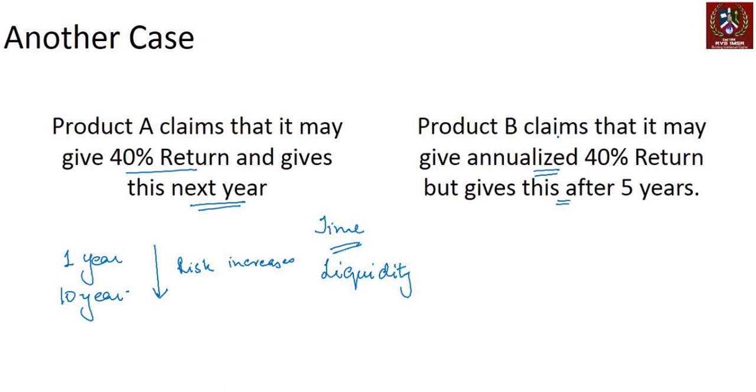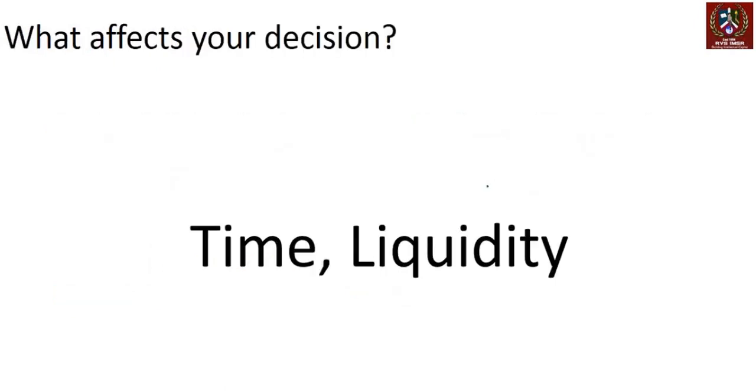What are the decision points in this case? The factors that affect your decision at this point are going to be the time horizon and the liquidity. When do you need the money and how much money do you want to have in your hands at any given point of time? So that's where time and liquidity become extremely important characteristics that start affecting your decision.